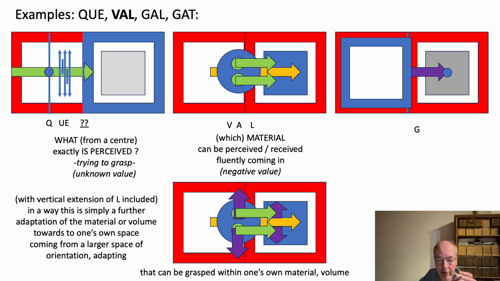The vertical extension of the unknown area is too large and I can't grasp it. So the large area has to fall back on the smaller area, and it has to decrease its volume. So there are some negative values there also, because some of the values I will not be able to grasp, I will not be able to catch. So only the parts that I can catch will be felt with the word VAL.